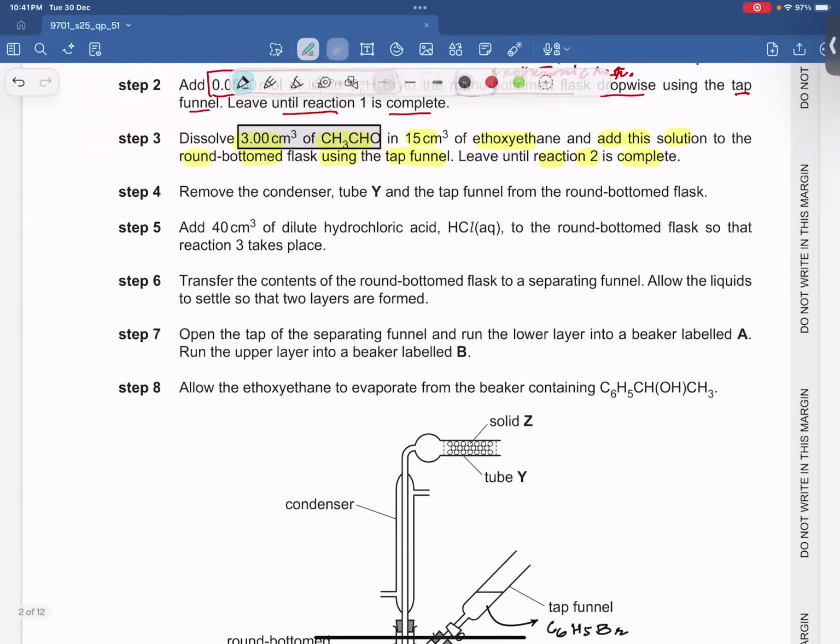Remove the condenser, tube Y, and tap funnel from the round bottom flask. What does it mean? It means the reaction is finished because we are removing the apparatus.